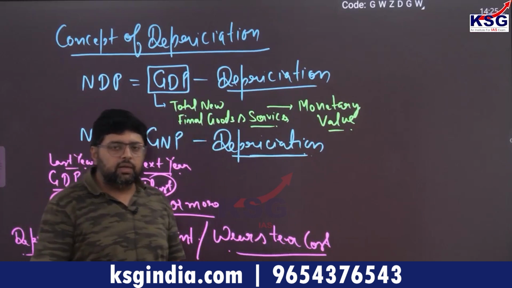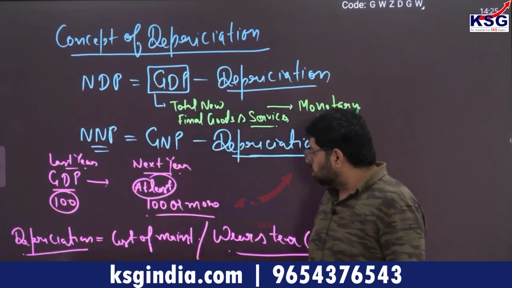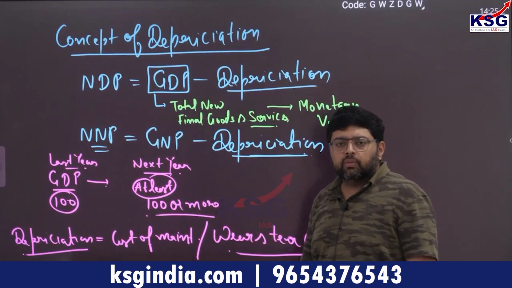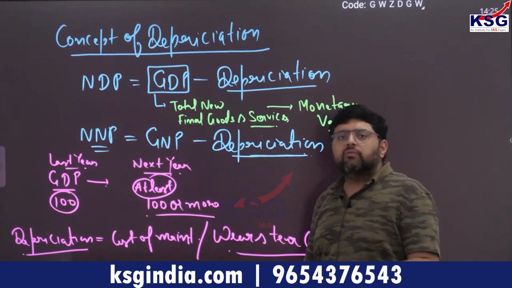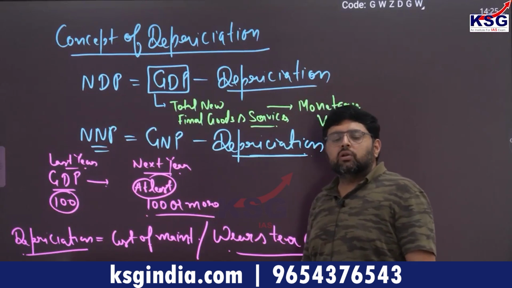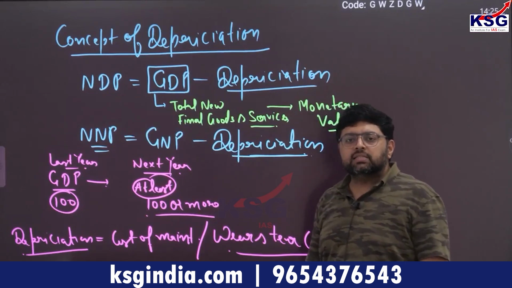Clear? So ultimately it can be like this. Suppose my GDP is 100, and next year again I want GDP to be at least 100, and you spend 10 rupees as depreciation.